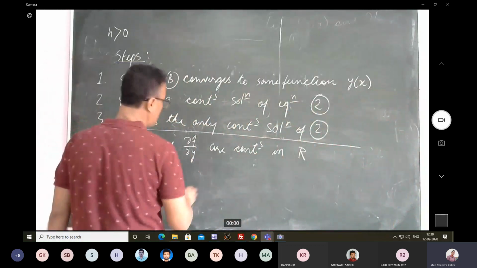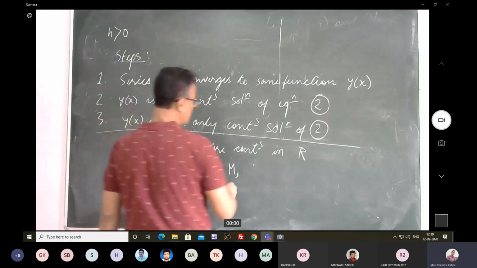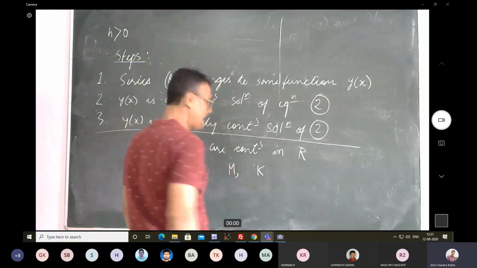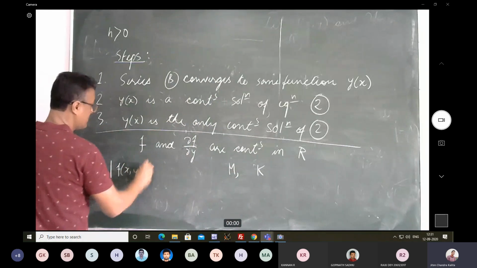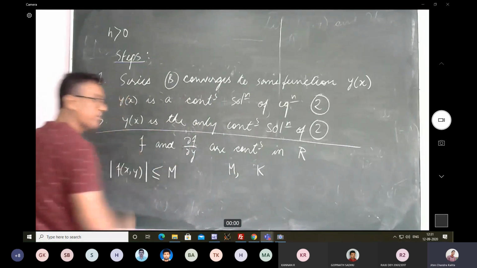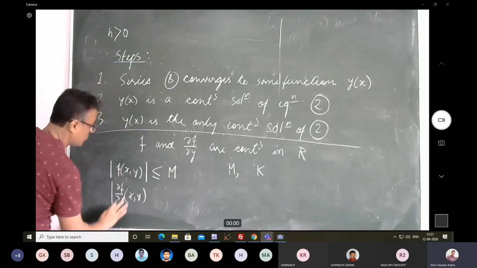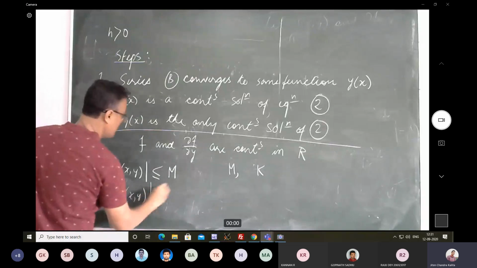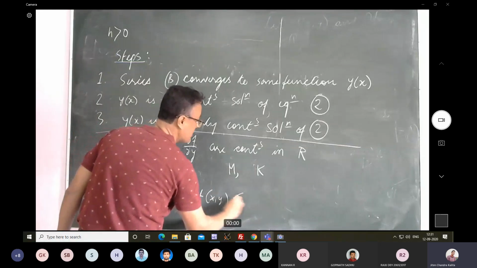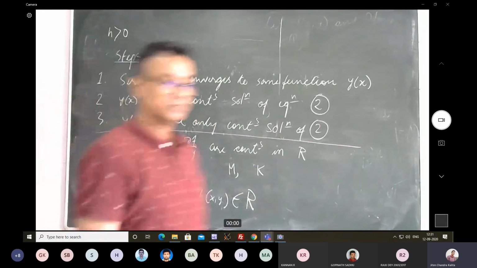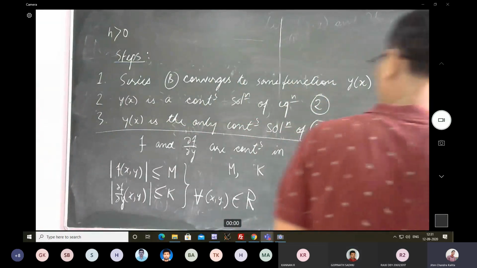So there exist positive numbers M and K such that the modulus of f(x,y) is less than or equal to M, and the modulus of del f del y is less than or equal to K, for all (x,y) belonging to that rectangle R. Is it okay?